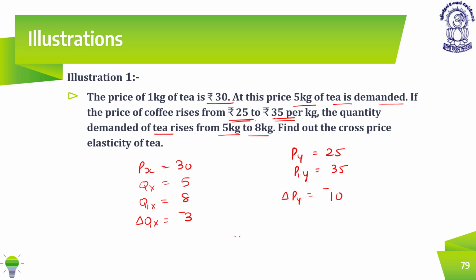Put it in the formula, delta Qx upon delta Py multiplied by Py upon quantity of X. So this would be 3 by 10 into 25 by 5. Try to simplify this. The answer is 1.5.